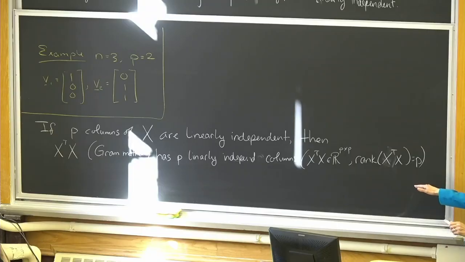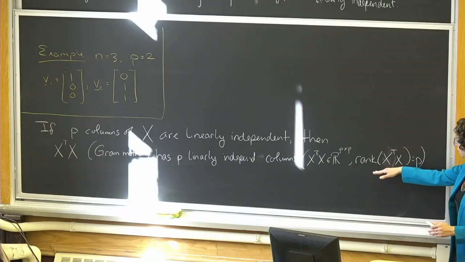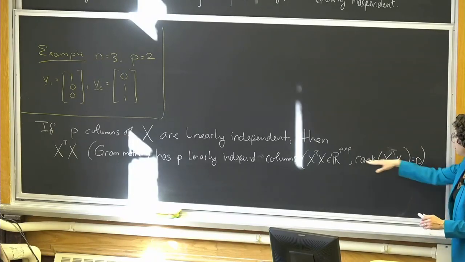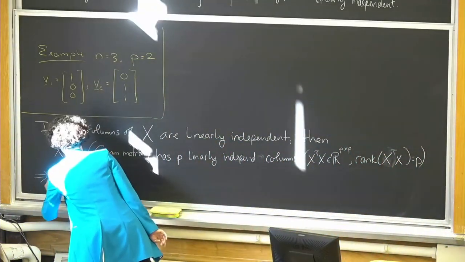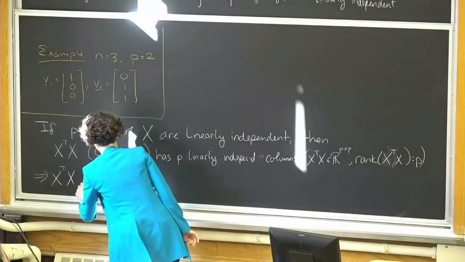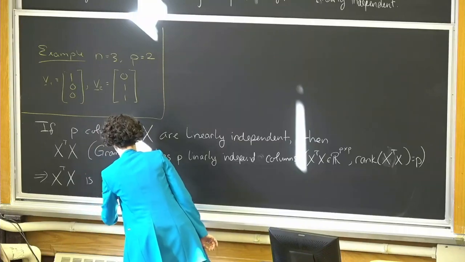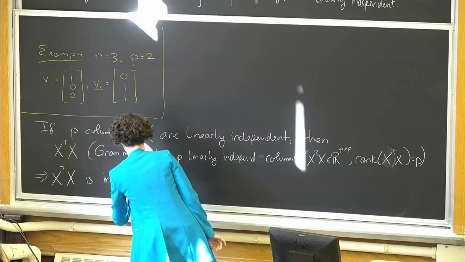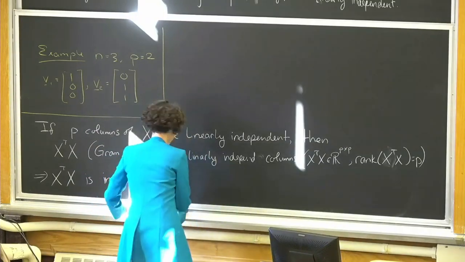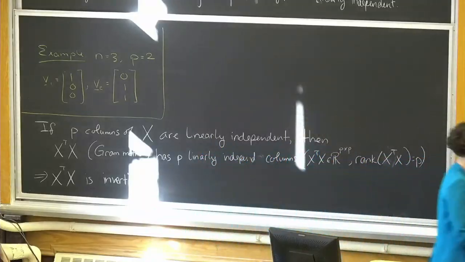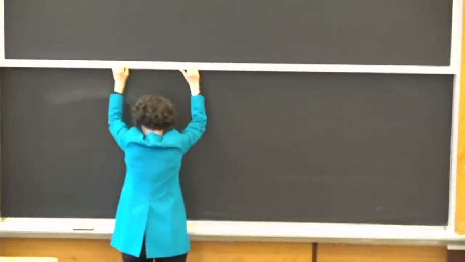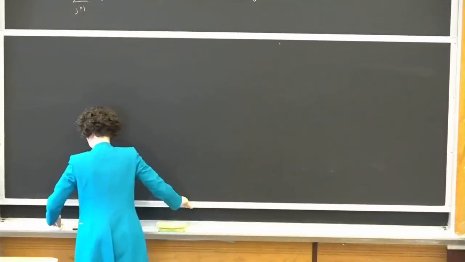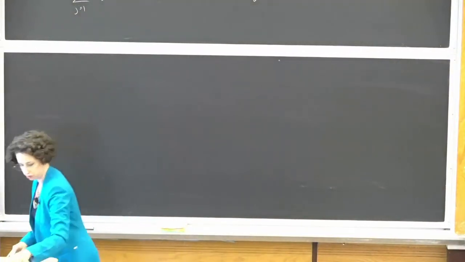The fact that this matrix has rank p and is p by p tells us that X transpose X is invertible. We were a little bit rushed when we tried to cover this before, so let's go through it now.